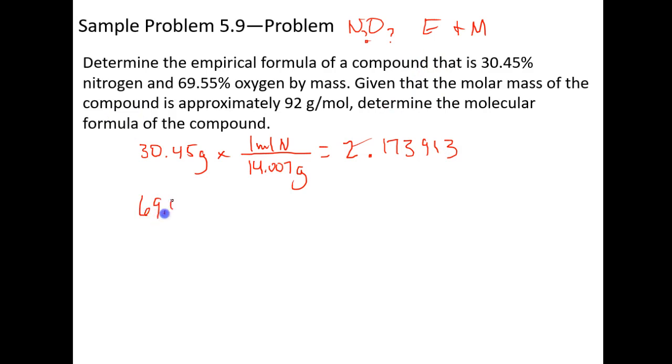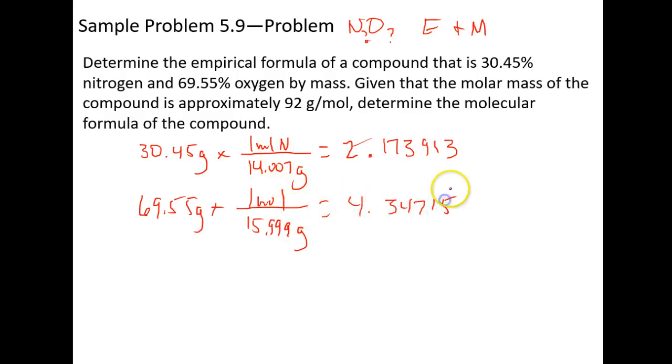Then we have 69.55 grams times 1 mole of oxygen, which is 15.999 according to our periodic table. I want to use the exact numbers because I'm trying to get as close to these numbers as possible. I get 4.34715.